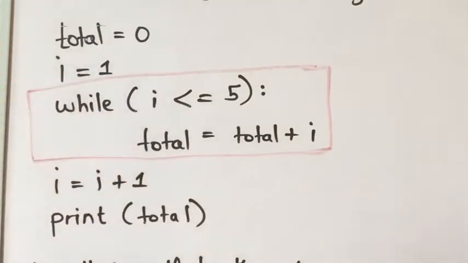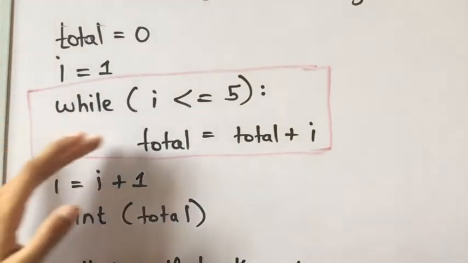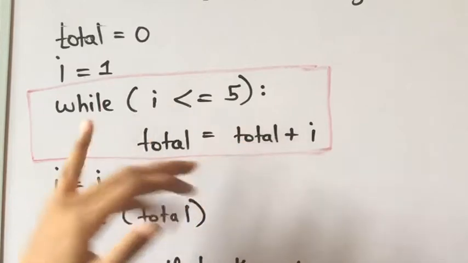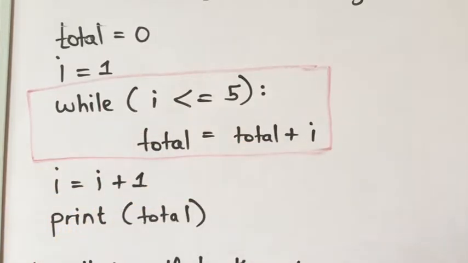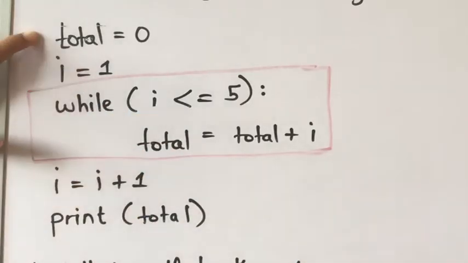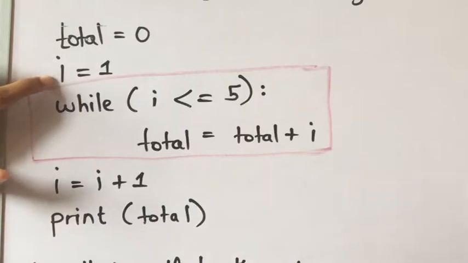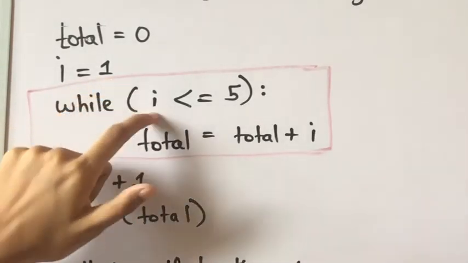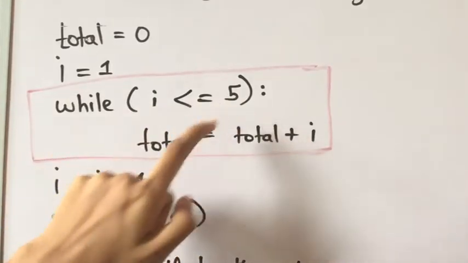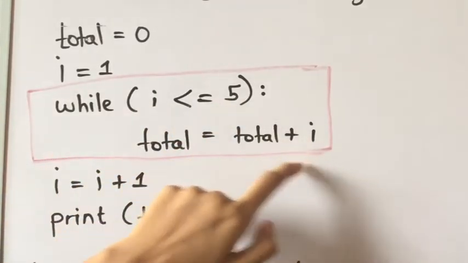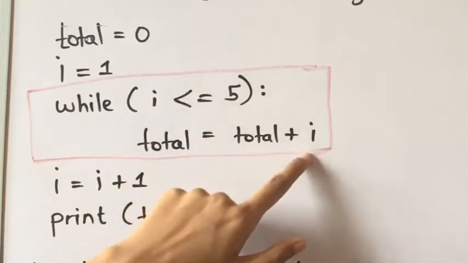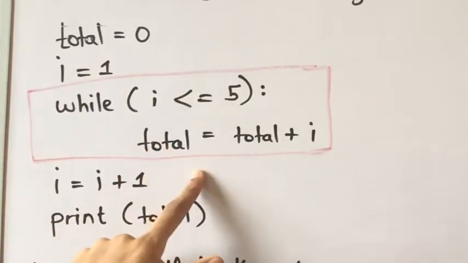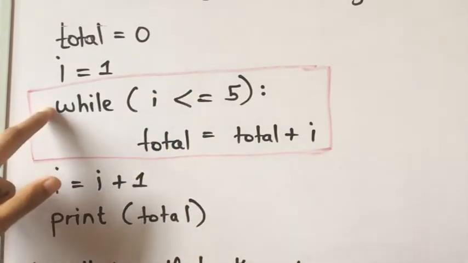So total equals 0, I equals 1, while I is less than or equal to 5, total plus I. Just think, if I is not going to get increased, it will start from here, assign this value, and go to the while loop. I has 1, 1 is less than or equal to 5, true. It is going to add 1 to the total, which is 0, so total becomes 1, and again it goes to the top.